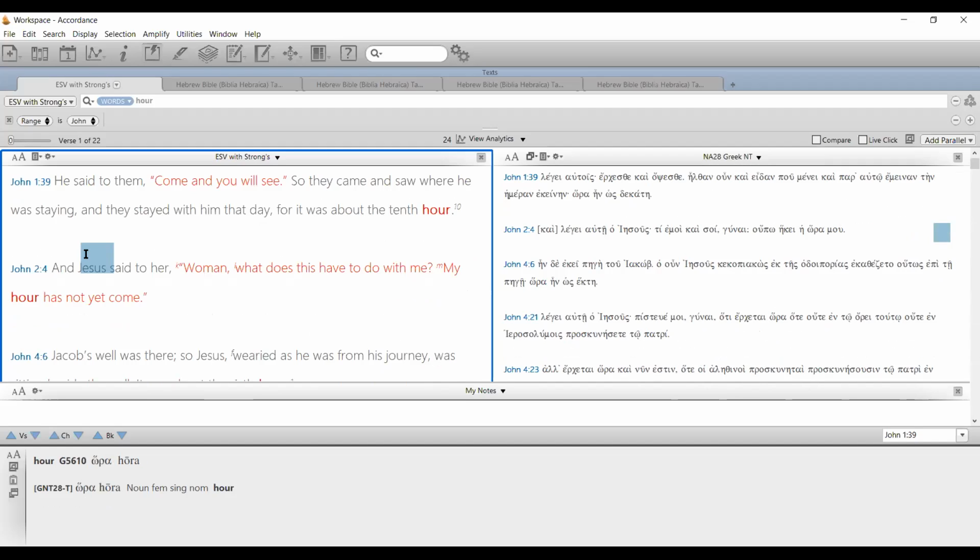And sometimes it's very helpful, especially to save you time. For example, if you are working with the Gospel of John and you are not interested in other usages, and you look for the word hour in the entire New Testament, it will give you many results, and you will need time to look through them to find those in the Gospel of John.